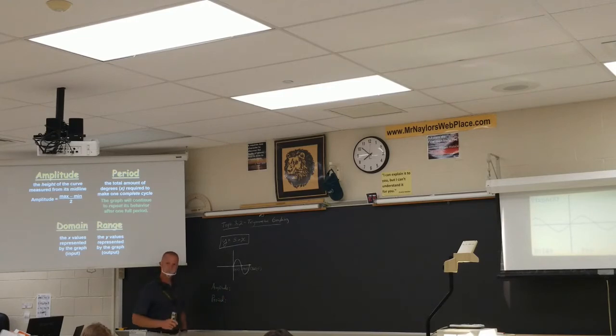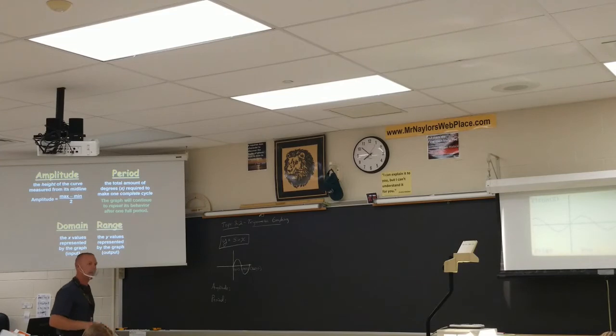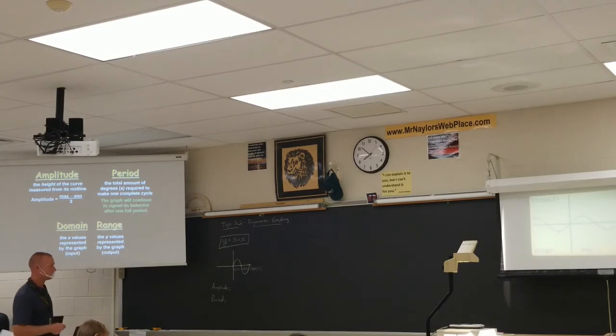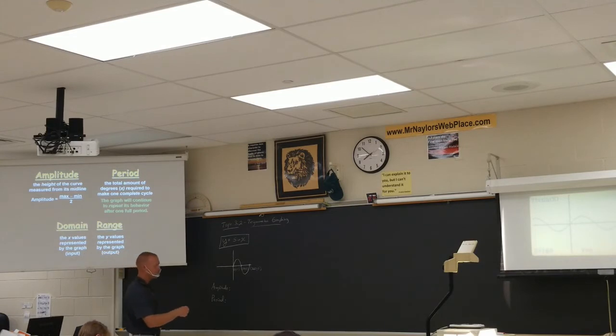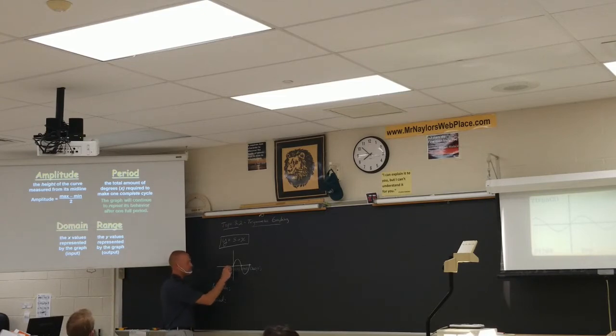And again, these are just some factual things. These are just answers that we're going to reveal, and it'll be the same answer next time. Now, the amplitude is this idea of the distance from the midline. Maybe the midline is something that we should notice being the x-axis. And again, you'll get to know this.